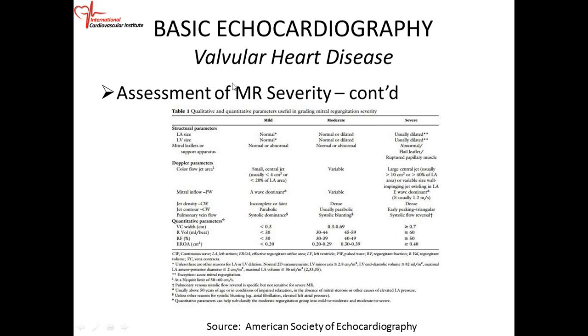You have to know those well. If you're a practicing echocardiographer, you have to know the table, because you have to know what's mild, moderate, and severe. So you have to know the table, okay? And people who are doing the exam, they're going to test you on this. Okay, so we're going to stop here.